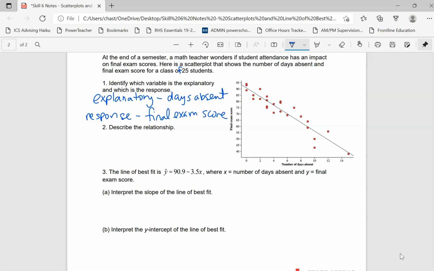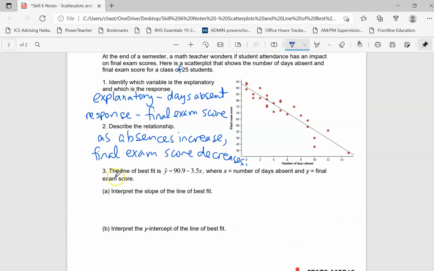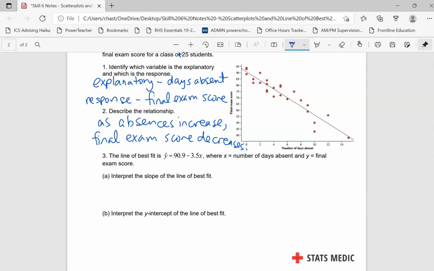It says describe the relationship: as absences increase, final exam score decreases. So now we have the line of best fit is y hat equals 90.39 minus 3.5x. X is the number of days absent, and y is final exam score. So interpret the slope of the line of best fit.